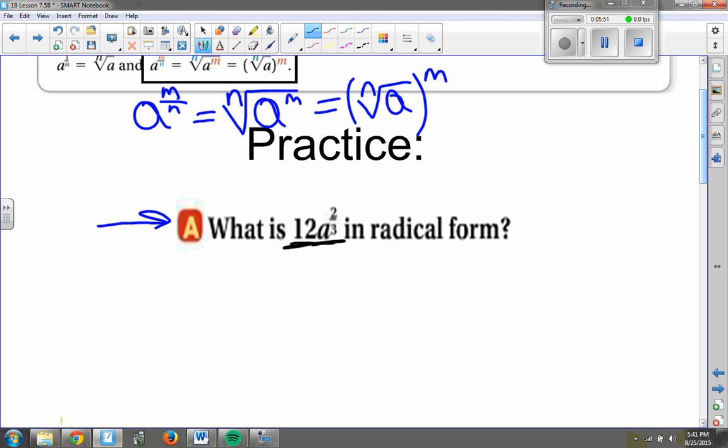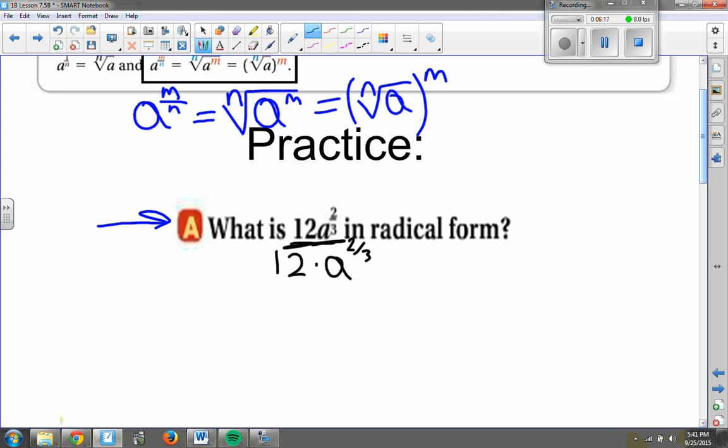We don't see any parentheses, so keep that in mind. I see two pieces, a 12 and an A, and the only one that has an exponent attached is the A to the 2/3 power. Because the 12 doesn't have an exponent at all, we're not going to do anything with it. We're just going to leave it the way it is.